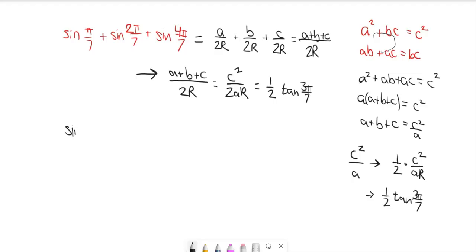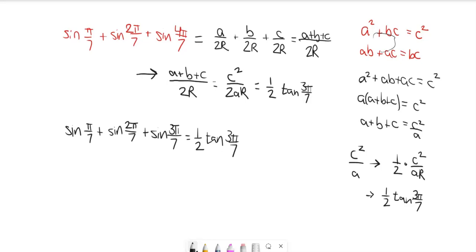So I can rewrite this as sine pi over 7 plus sine of 2 pi over 7 plus the sine of 3 pi over 7 equals 1/2 the tangent of 3 pi over 7. But here's the thing. The Math World article doesn't show the tangent of 3 pi over 7 on the right side. They show something else.